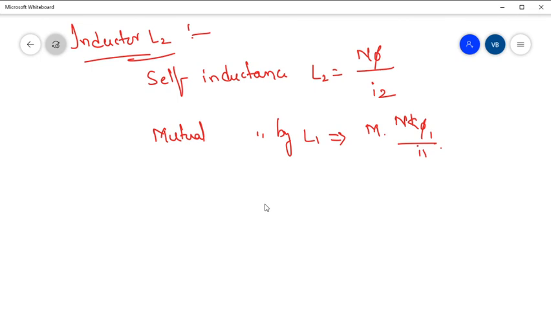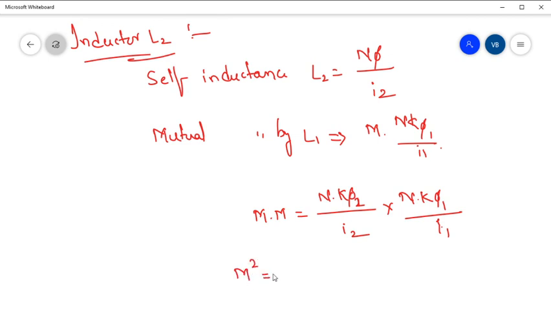M into M equals N into K phi1 by I2 into N into K phi2 by I1. M into M is M square.